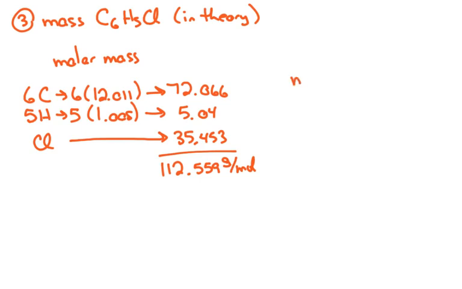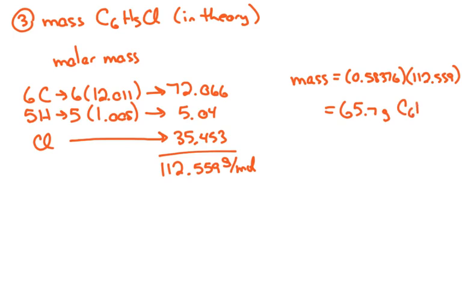So again, since we are trying to find the mass of chlorobenzene, looking at the mole conversion chart, the mass is always the number of moles times the molar mass. So 0.58376 multiplied by the molar mass, 112.559, means that we should have created 65.7 grams of chlorobenzene.